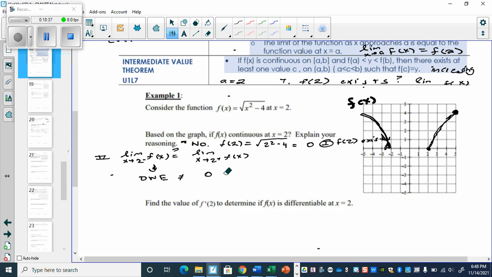So therefore, the limit as x goes to 2 for f of x does not exist.